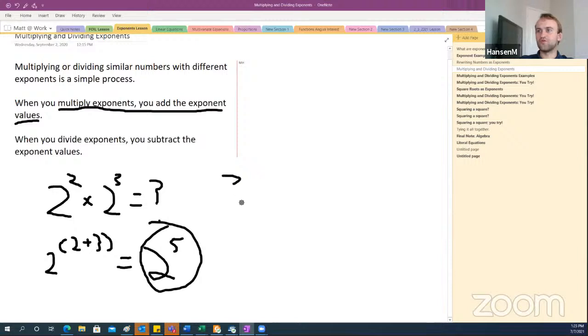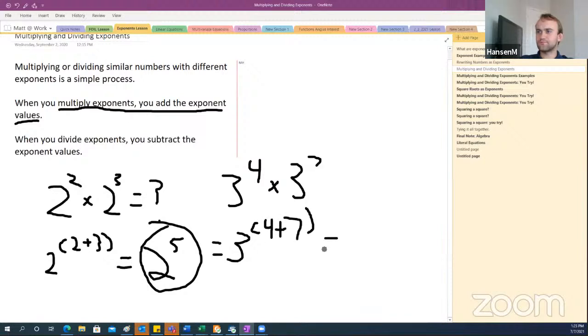Similarly, if we were going to do 3 to the 4th times 3 to the 7th, that would end up being 3 to the 4 plus 7, which is 3 to the 11th.